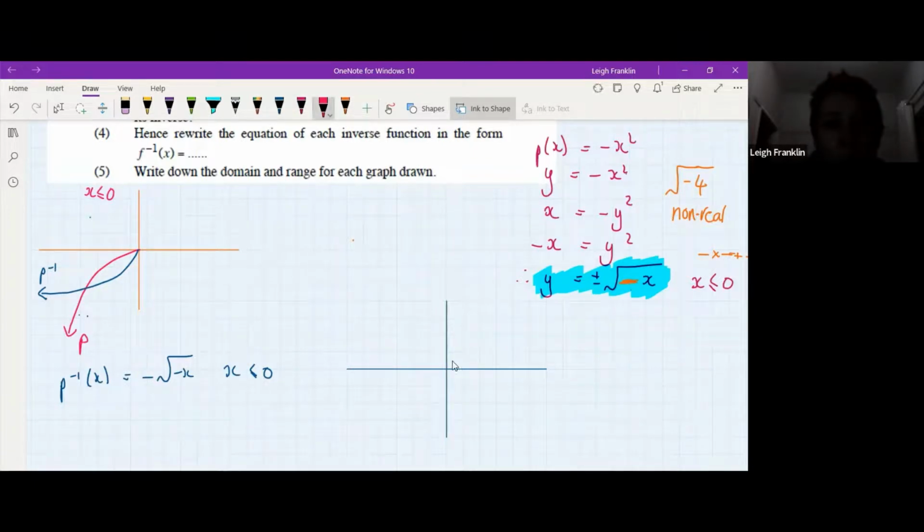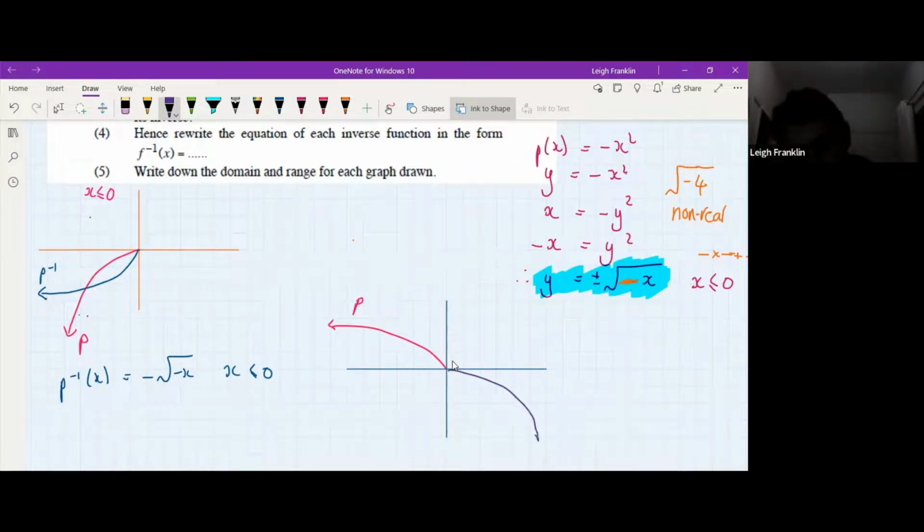So our original function in pink, we're now going to restrict that side over there. So that would be P, and it would be reflected over the line y equals x. So that would end up like that.